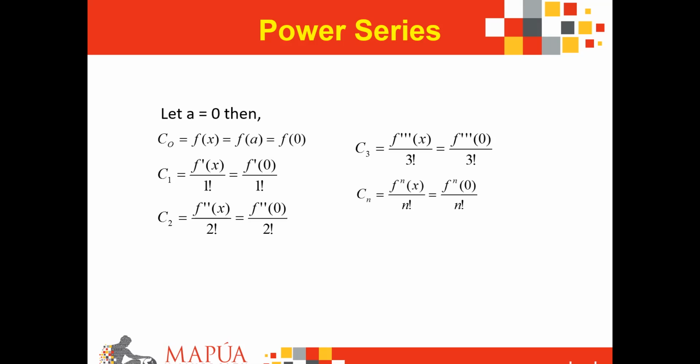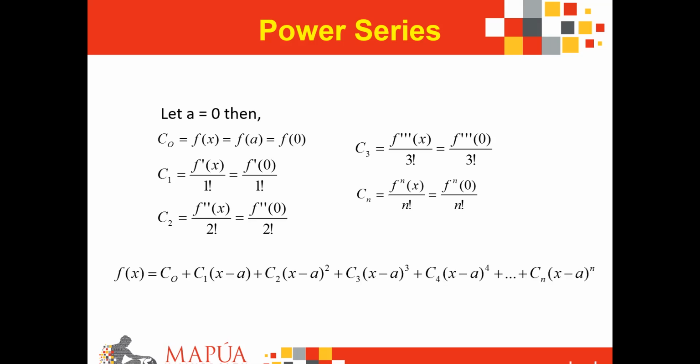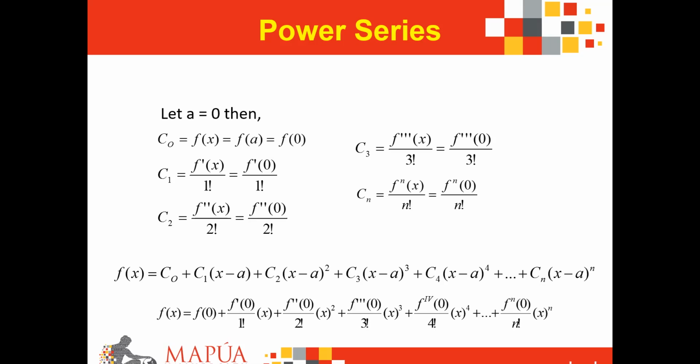Having this recursive formula then, and substituting your constants to your expanded version of your power series, gives us this result. Since a is 0, we simply end up with x in our given polynomial function, which is then referred to as your Maclaurin series expansion.